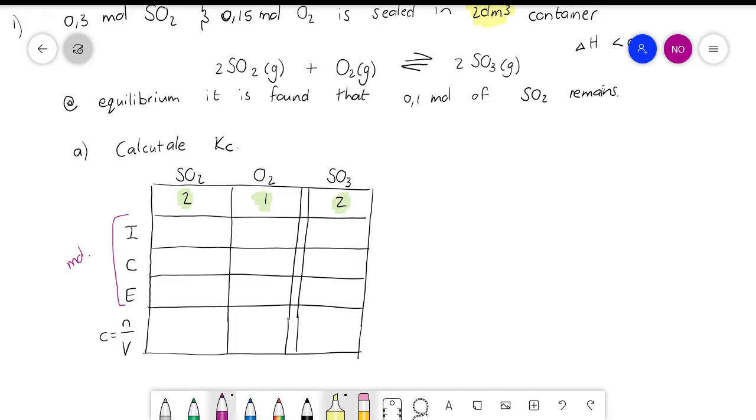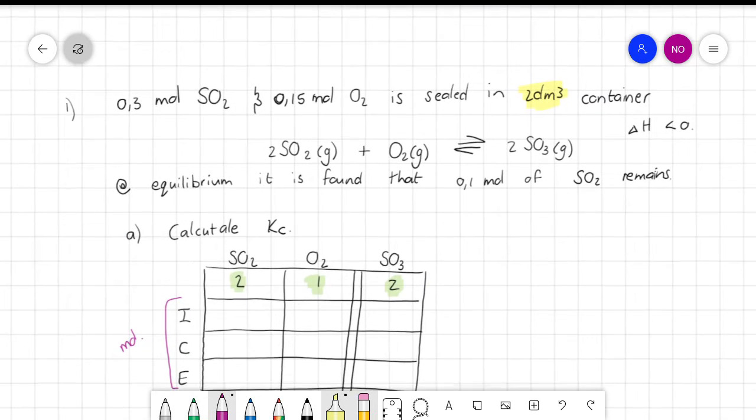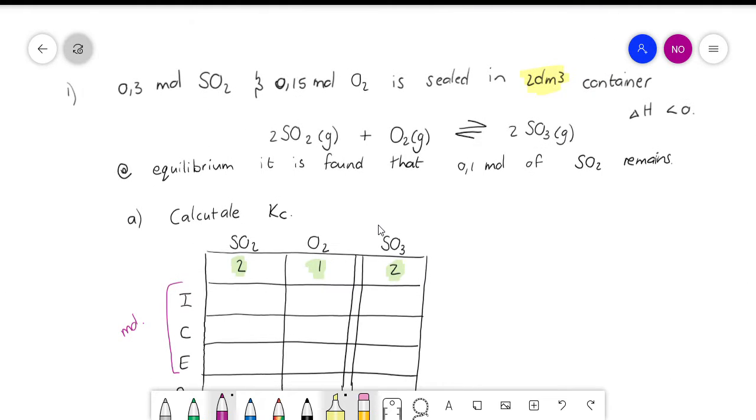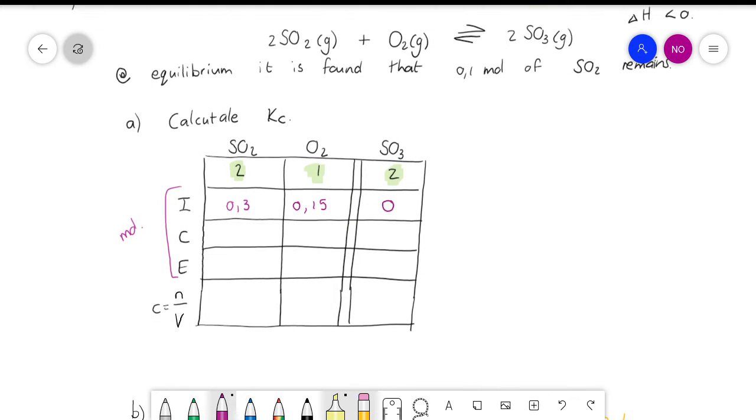So they give us 0.3 for this one and 0.15 for this one. They are put in a container, so obviously there's nothing there yet. We talked about how if these have a minus, then this one must have a plus, or the other way around: one side of the equation must become more and the other side must decrease.